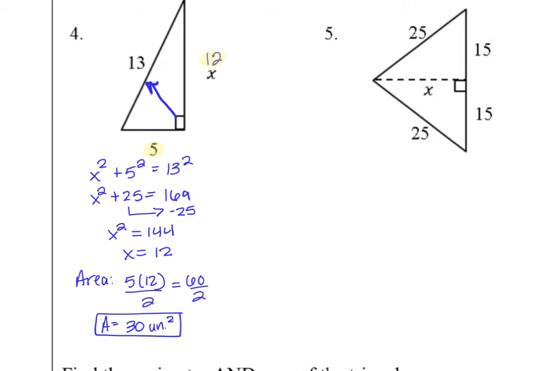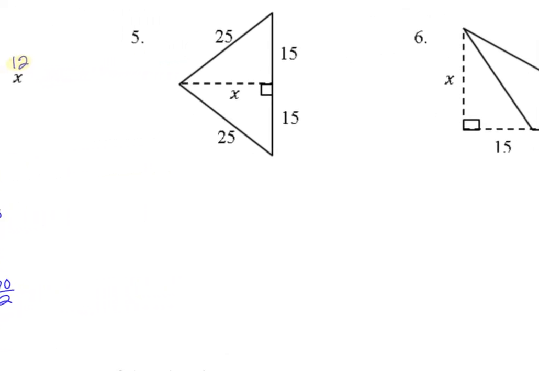If we look at our next problem, number 5, this triangle looks similar to number 2, except now we're on our side. So this one is going to represent the height, and this side is going to represent the base. Our height is not given to us, so we're going to have to use some information around it to find the height. We're just going to use the Pythagorean theorem.